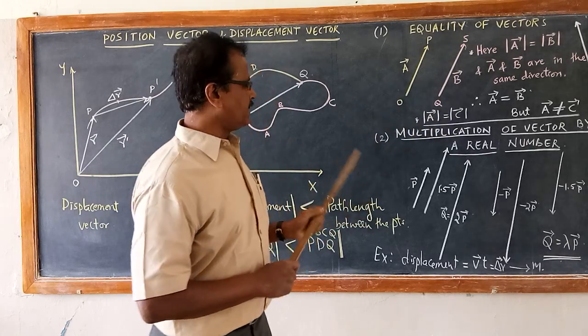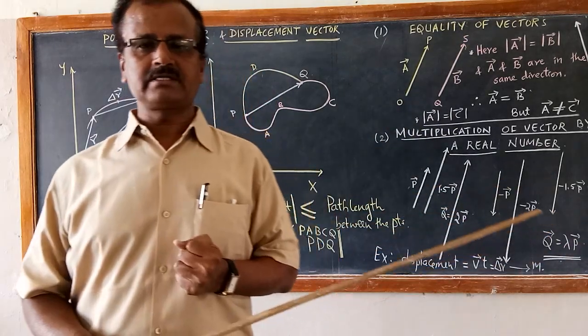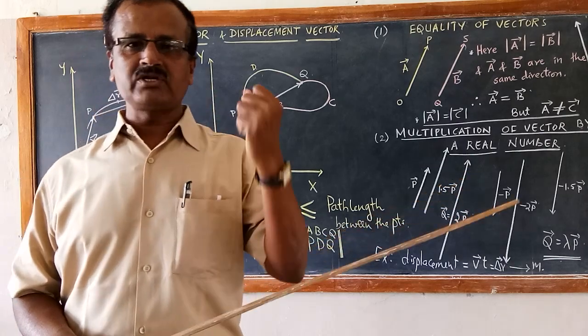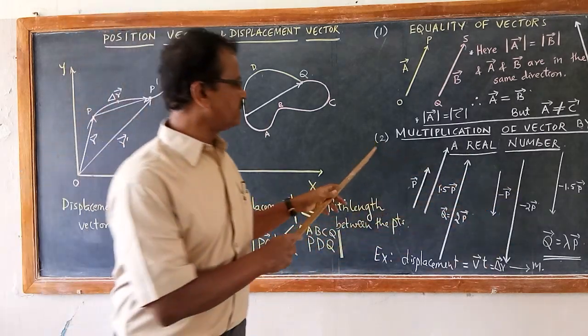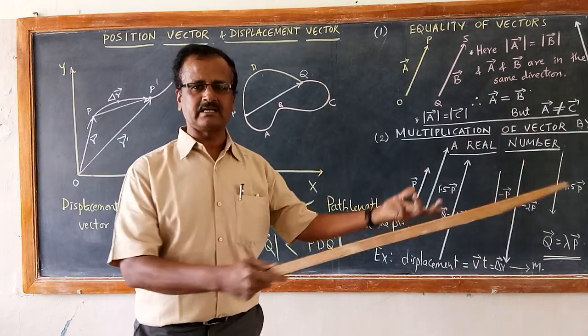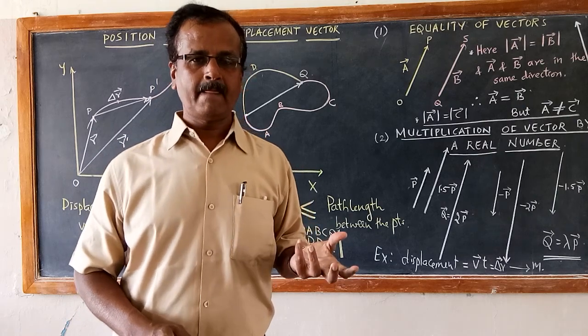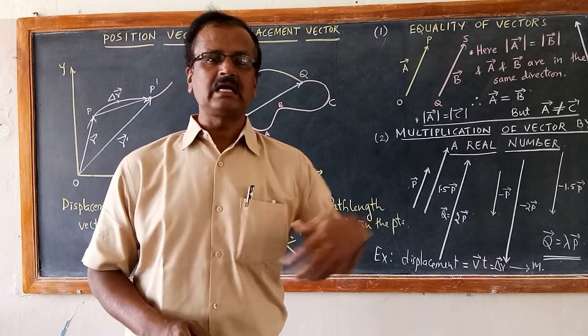Okay. Then we need to learn about addition of vectors and subtraction of vectors. We have learned multiplication of a vector by a number, multiplication of a vector by a scalar. In the same way, what happens when vectors are added? We know what happens when scalars are added.